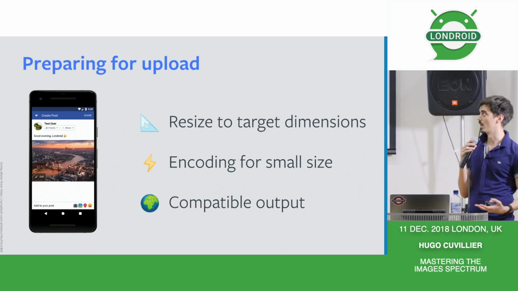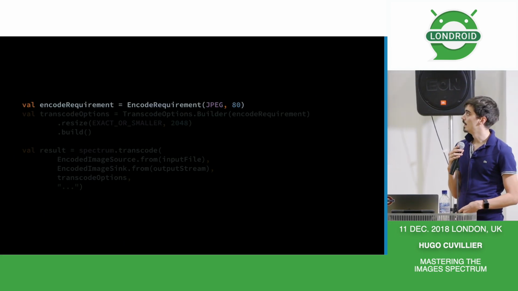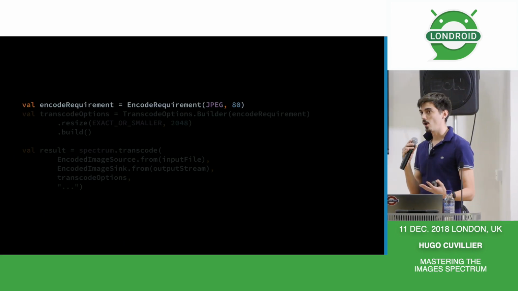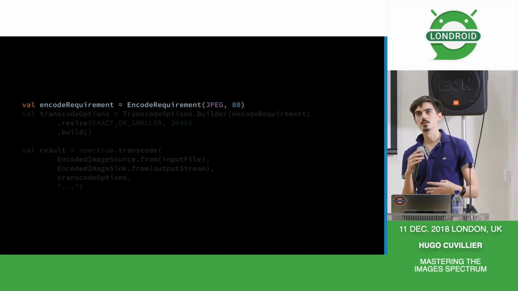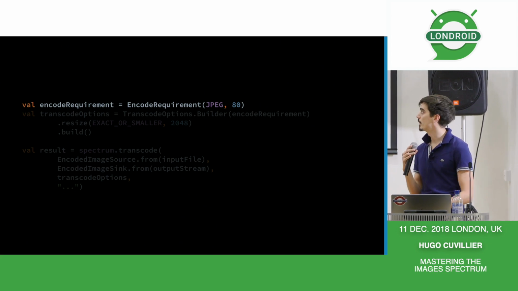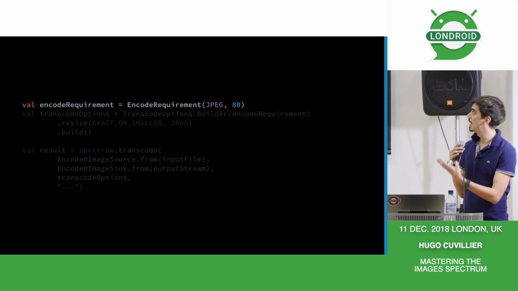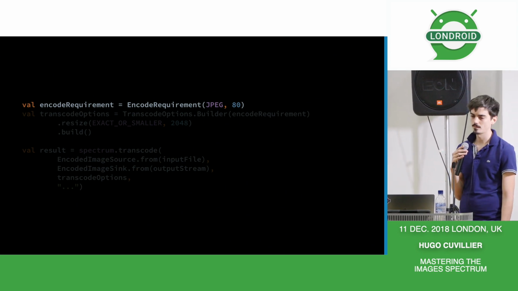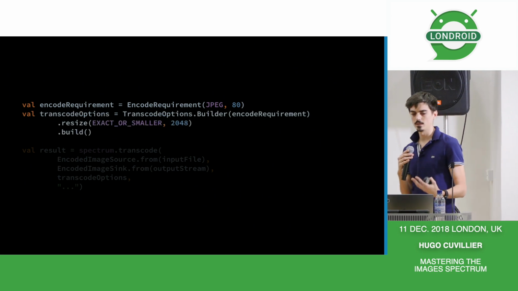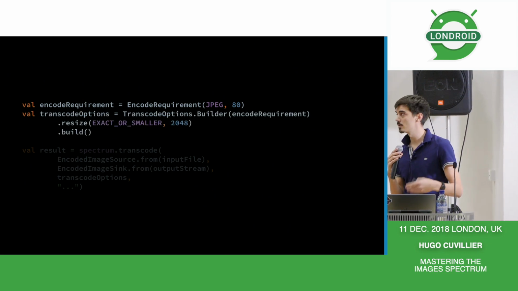So how does this look in code? First we're going to define our encode requirement. This is what's going to dictate the format of the final image. In this case we're passing JPEG, it might not be easy to see, but we're passing JPEG and 80 as the quality. Second step is passing this encode requirement to our transcode options.